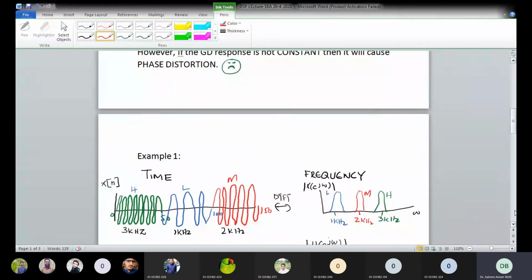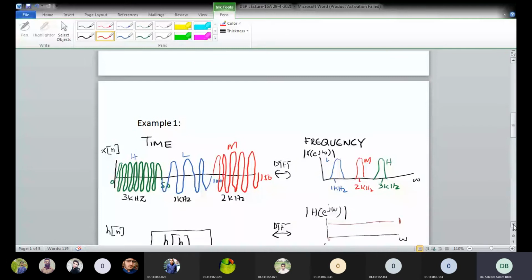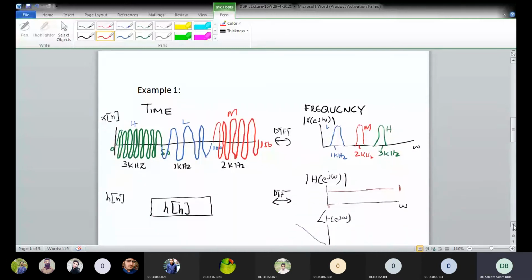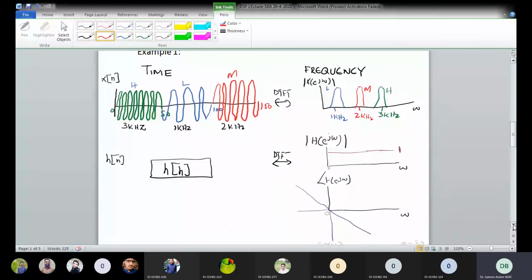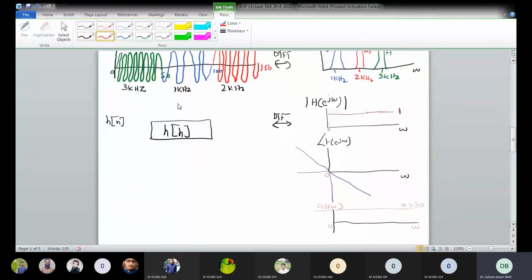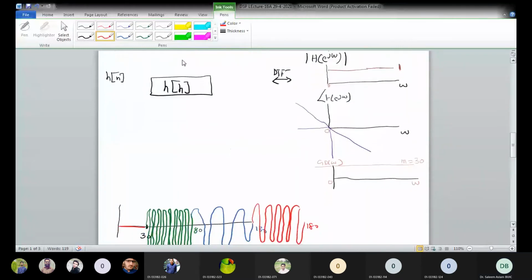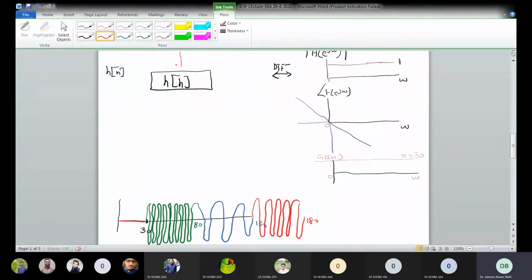So what I am doing, I have x of n in which I have three distinct frequencies, 1 kilohertz, 2 kilohertz, 3 kilohertz, right? So let me draw an arrow which indicates that I am passing this through a system, and after the system I am getting this output response. But this system has a magnitude response, this one, phase response, this one, and group delay response, this one.